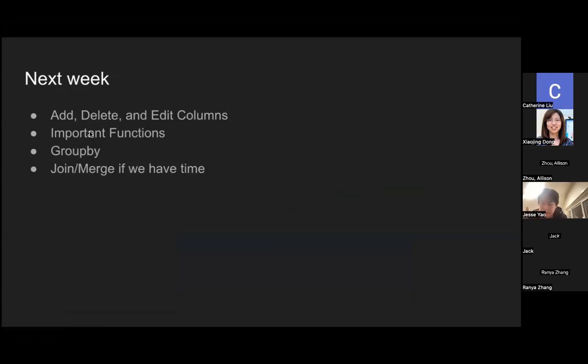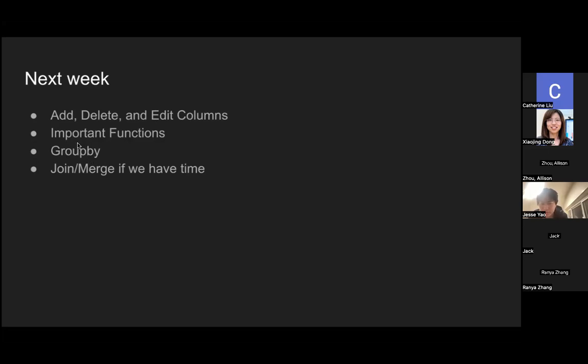I gave a little sneak peek last week: value counts, for example, sort values is in here, dot unique is in here, and dot str contains is also in here. And then group by. You've heard me talk about this quite a bit.